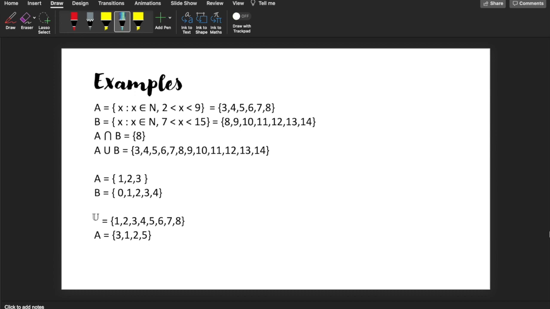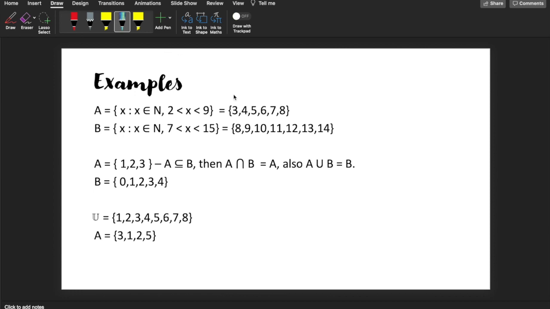So one more rule is that if A is a subset of B, then A union B equals B. Okay. And also, like we saw in the example, if A is a subset of B, then A intersection B equals A, and A union B is B.